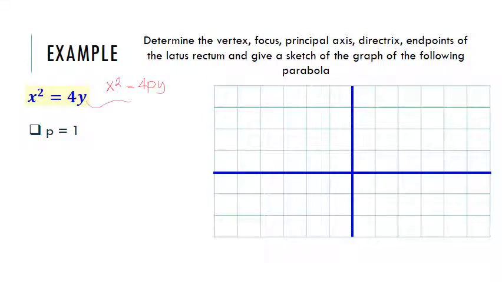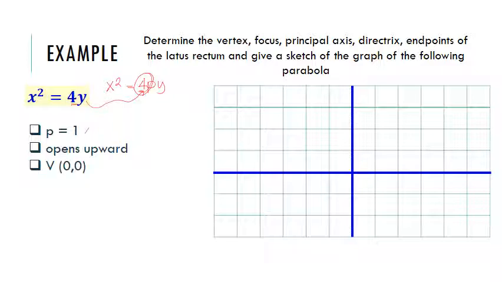Ito yung ating equation. So, what must be multiplied to 4 para maging 4? So, 1. Next, dahil ang p ay positive, so ang parabola natin ay opening upward. Bakit upward? Yes, kasi si x ang naka-square.